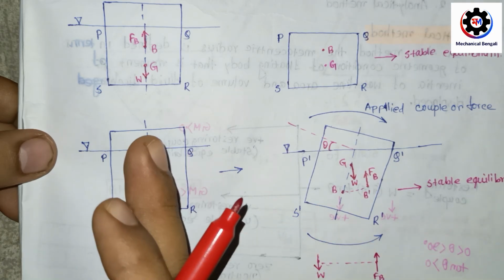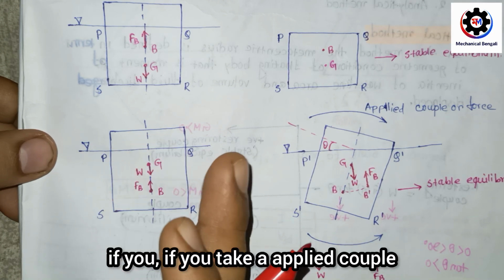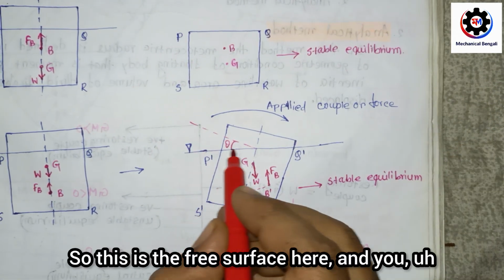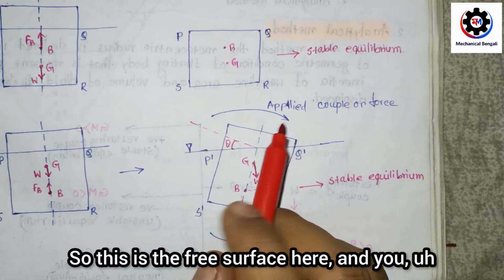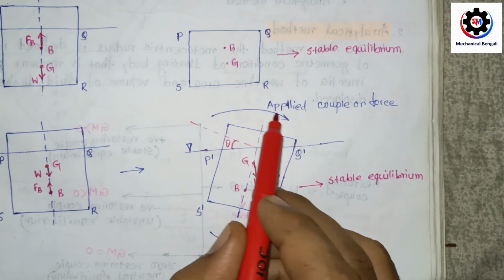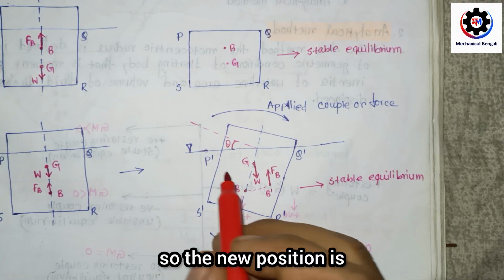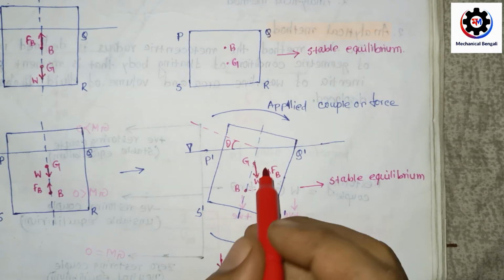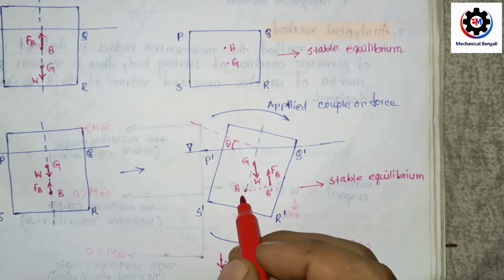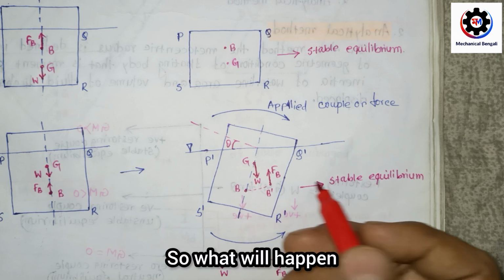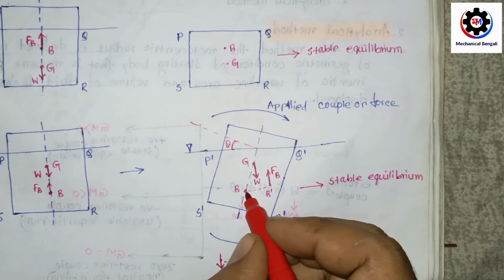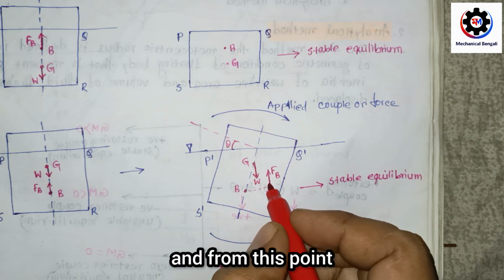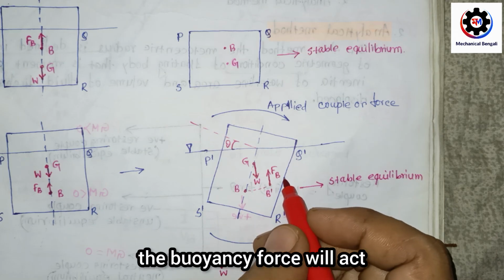Now if you keep an applied couple in the clockwise direction, what happens? This is the free surface, and you apply some couple in this direction. The new position is P dash, Q dash, R dash, S dash, and G is acting from here and B is there. This point B is converted to B dash, and from this point the buoyancy force will act.